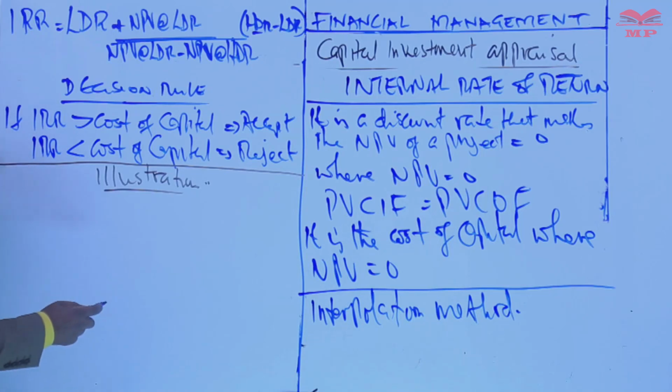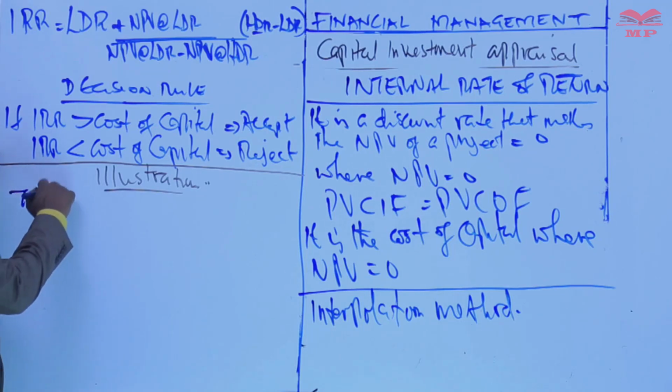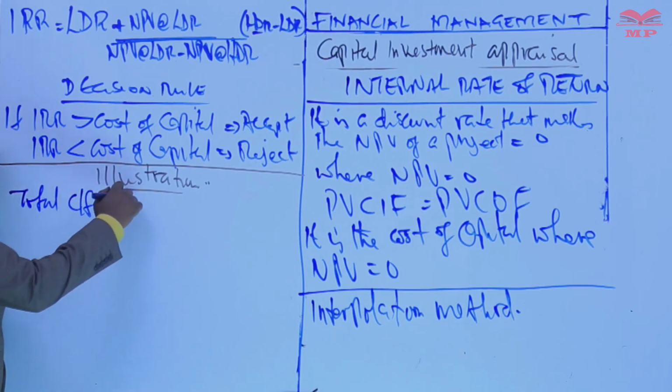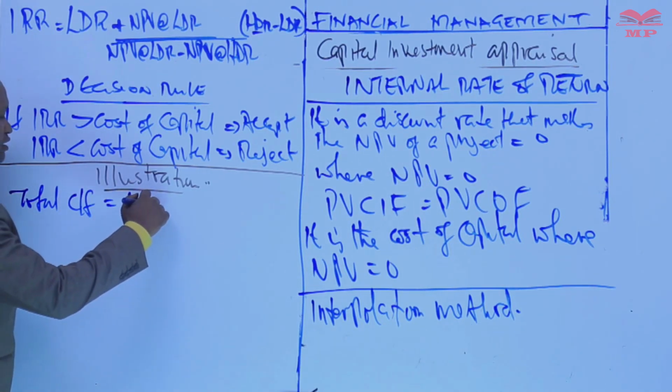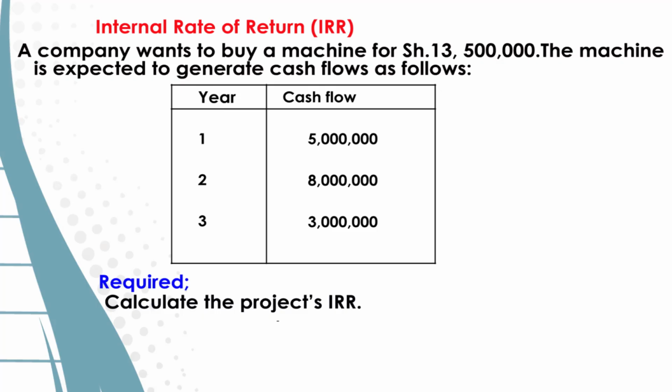Abraham says if you are to take the total cash flows, total cash flows 16 million. It is 5 plus 8 plus 3.